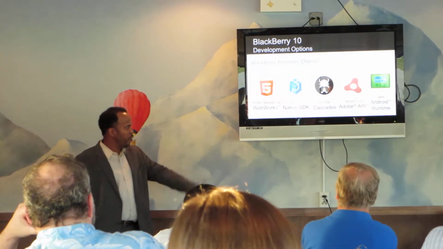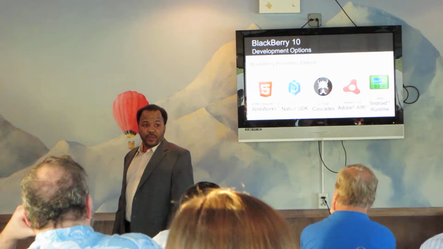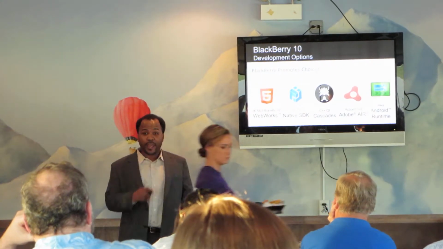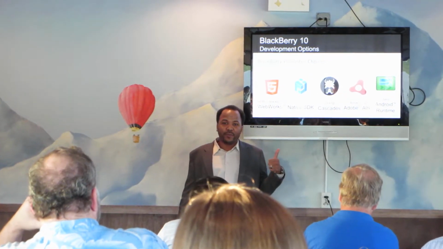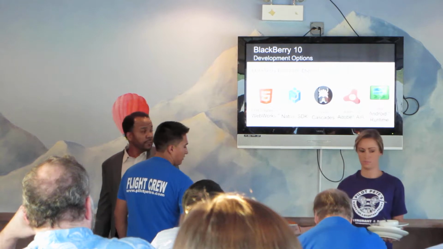Just a quick overview. Next approach, native SDK, C and C++. I heard you mention C a little bit earlier. I used to do C++ development, and I almost knocked chicken fingers out of her hand coming through my last swing there. But I used to do C and C++ development. I used to work for a trading firm in downtown Chicago. This is how we wrote our high performance applications.